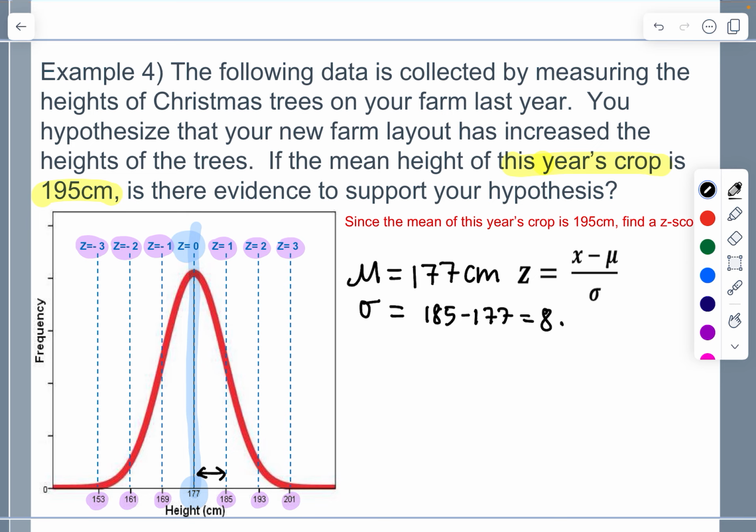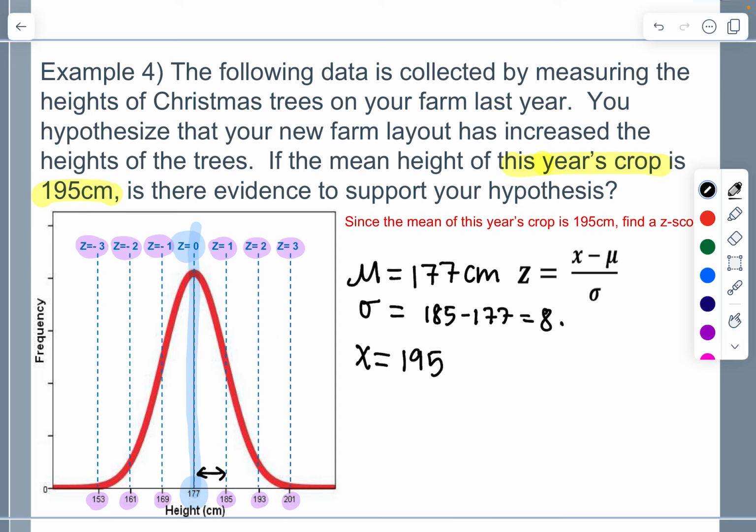Lastly, we're comparing last year's information to this year's information. So our data value that we have, this year's crop, is 195. We're comparing this year's crop to last year's, seeing if when we changed the location, did it make a difference?